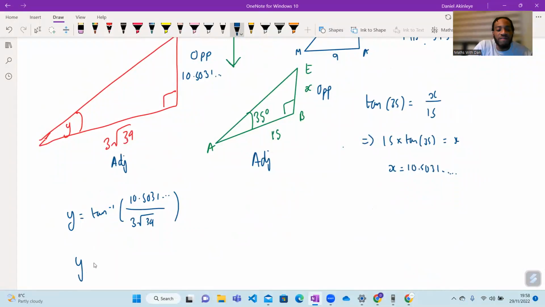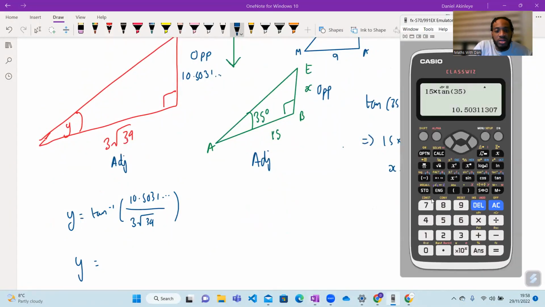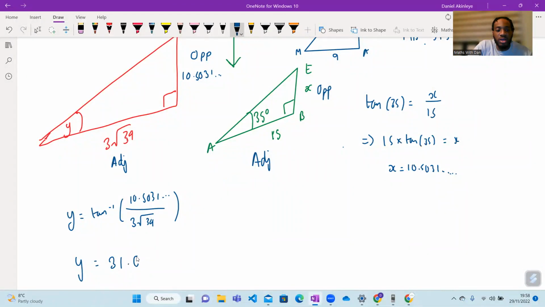Put this in the calculator, tan inverse of that. And this gives me 31 degrees to 3 significant figures. The answer is 31 degrees.